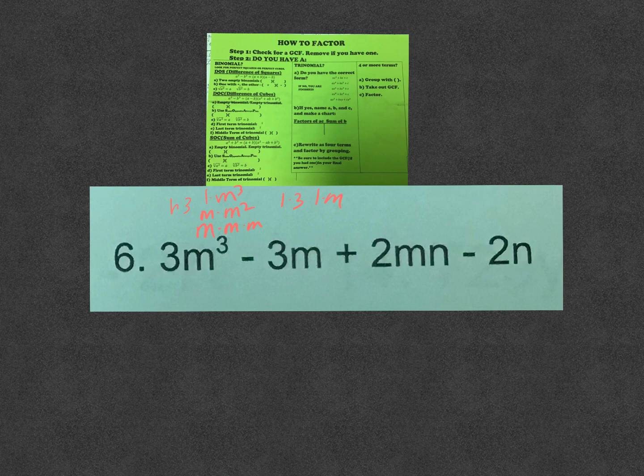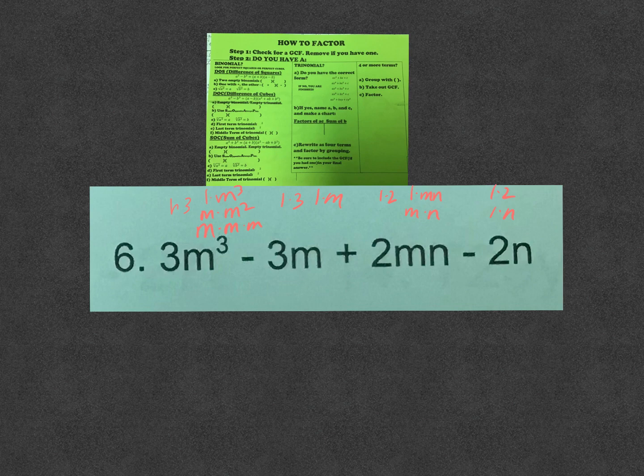This one, 1 times 2, 1 times mn, m times n, 1 times 2, 1 times n. Those are all the factors. Do they have a common factor across the board? The only one I see they all have is 1. Hopefully you see that. This has n, this has n, this one does not. This one has m, this one has m, this one has m, this one does not. So I do not have a common factor in all 4 terms.